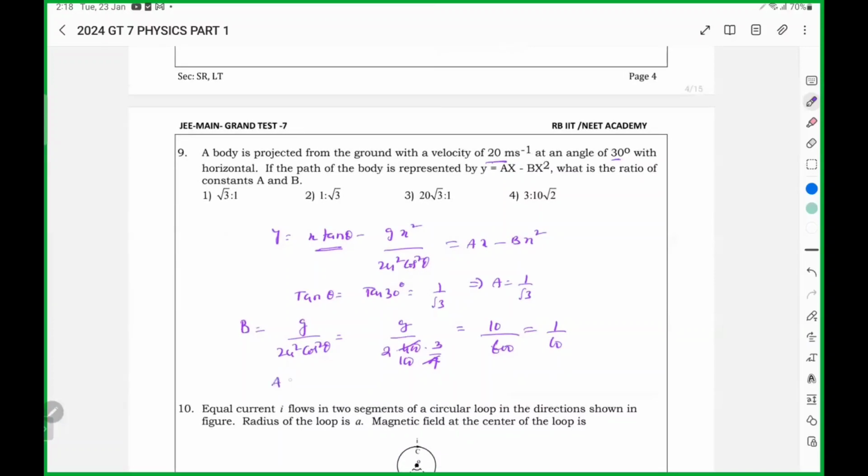So the ratio of A is to B, that is 60 is to √3, 20 √3 is to 1.